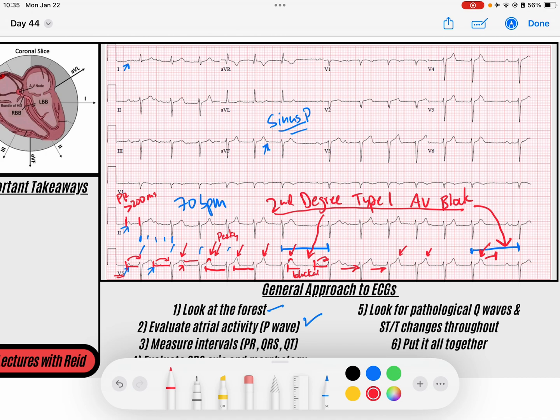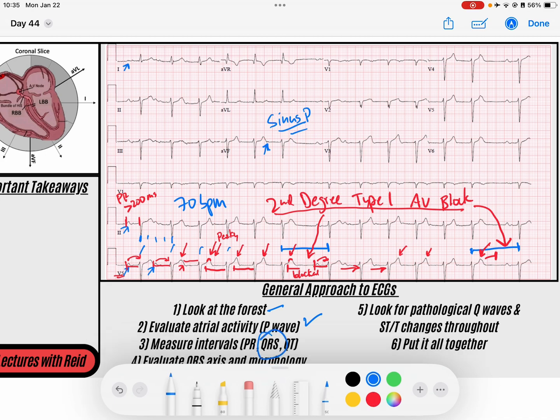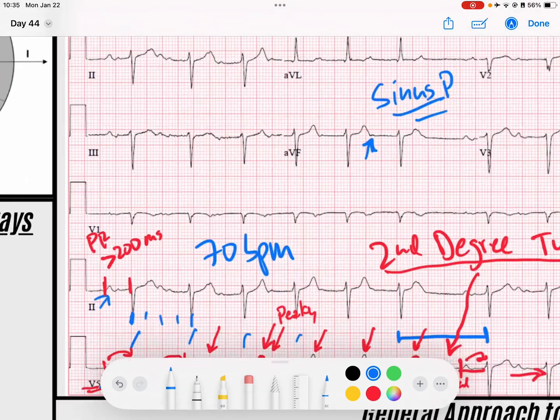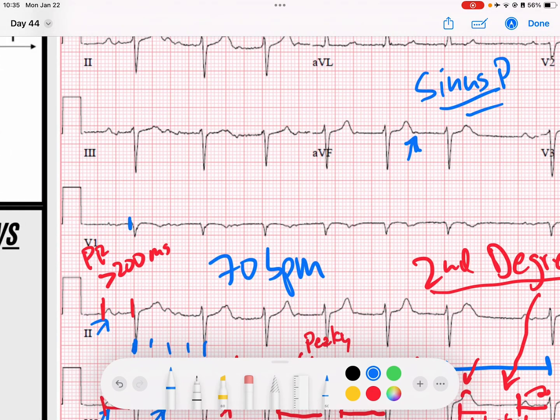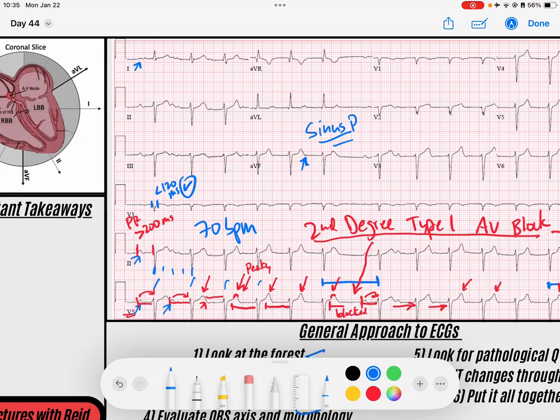Okay, let's figure out the rest of the algorithm. Let's measure more intervals. Let's look at our QRS. We said our QRS is narrow. It's less than 120 milliseconds, so that's good. But our QRS axis, you'll notice that it is down in AVF, but up in lead 1.